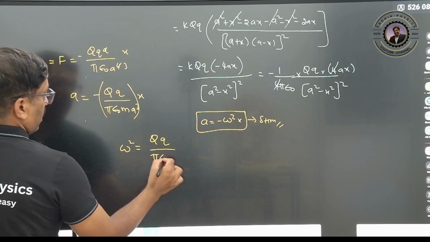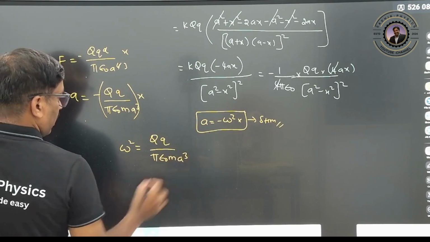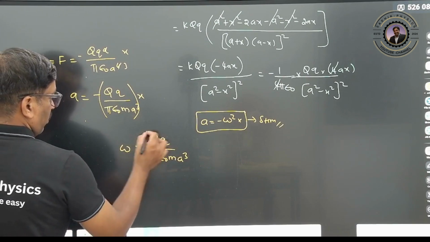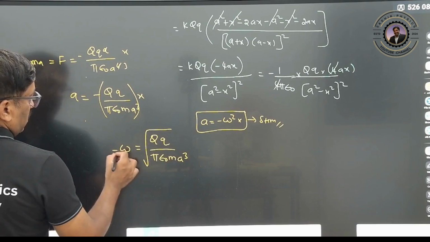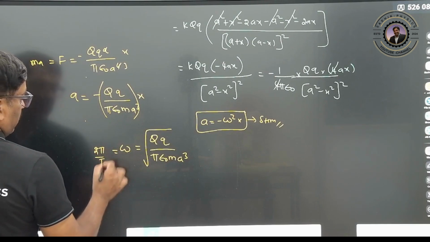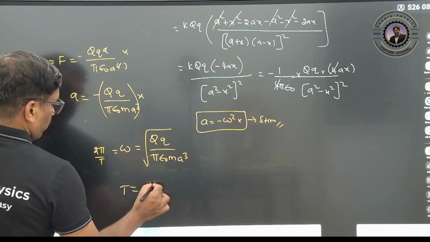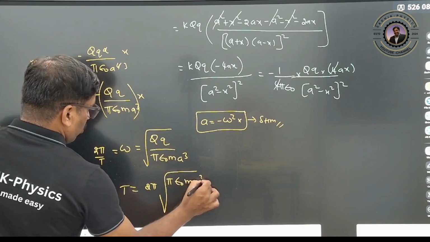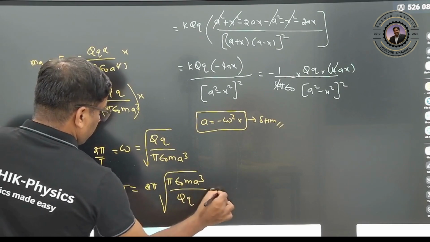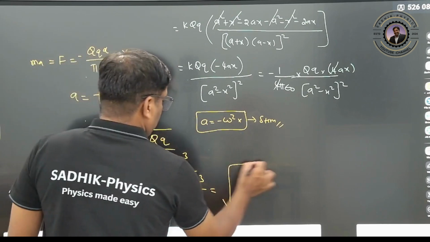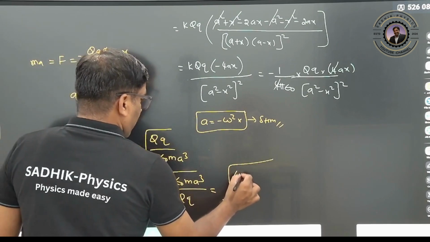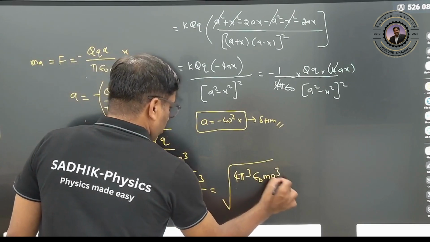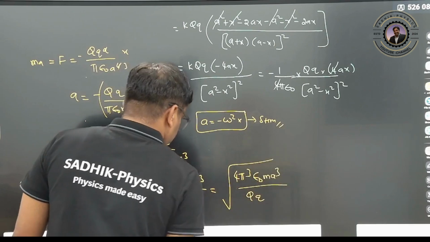Here omega square is Q q by pi epsilon naught m a cube, so omega is the root, and this is equal to 2 pi by T. So T is equal to 2 pi into square root of pi epsilon naught m a cube by Q q, that is 4 pi cube epsilon naught m a cube by Q q.